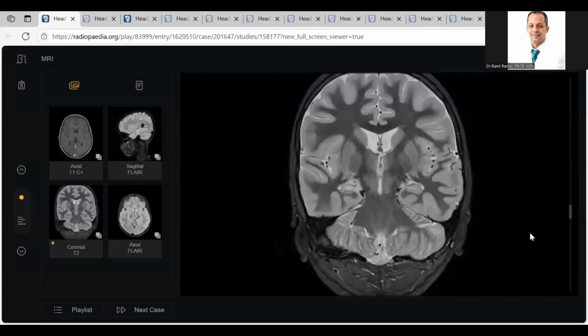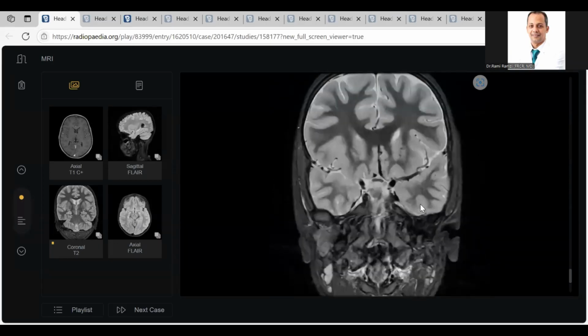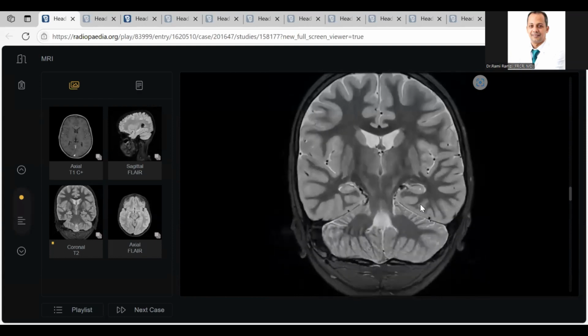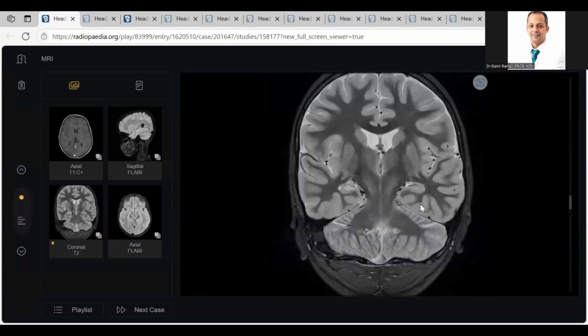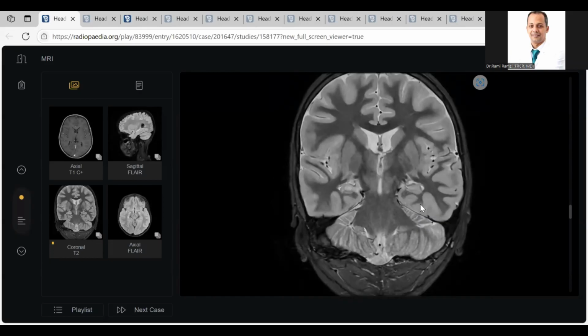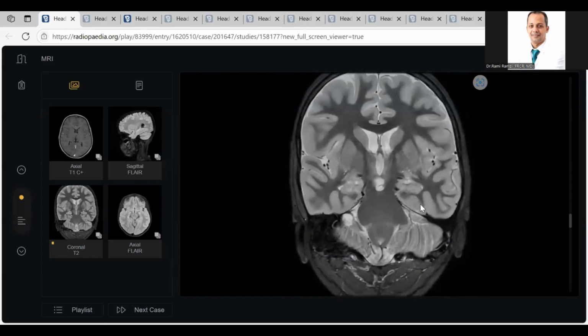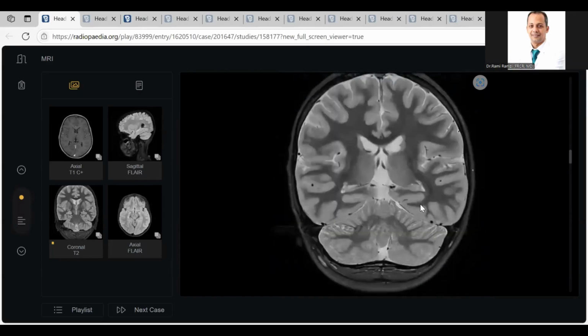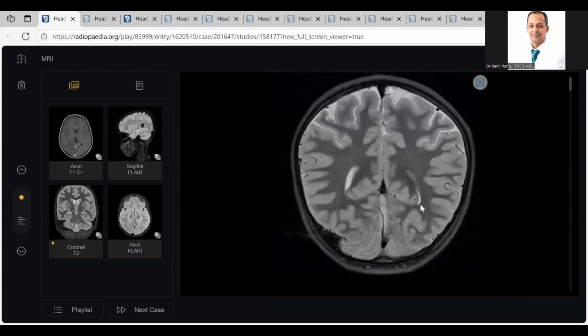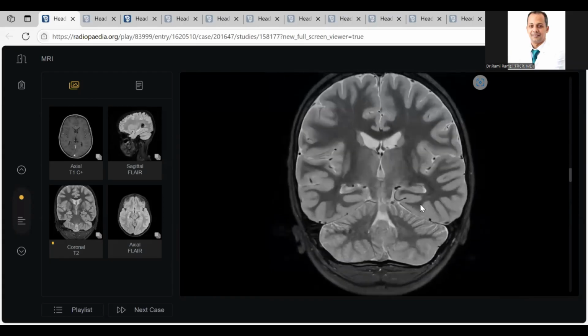Look here. The patient has epilepsy. Look here. What is the name of this sequence, please?